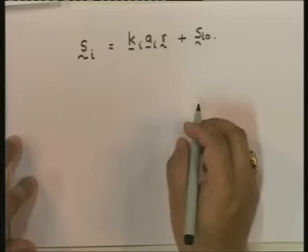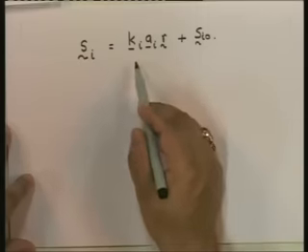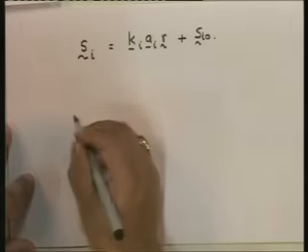Okay, so in that way we can find out for each member, and for the flexural members AB, BC and CD, I am not, well, I can do it. Why don't we do it?